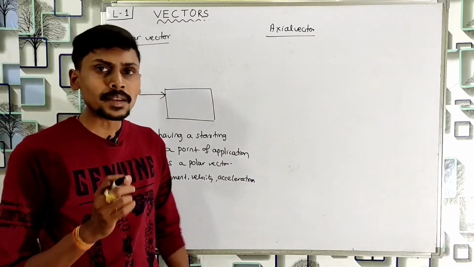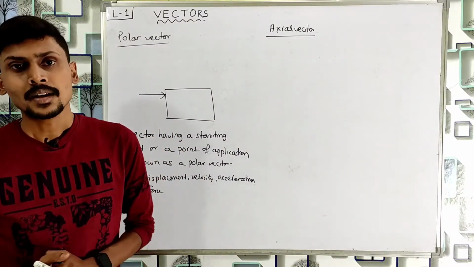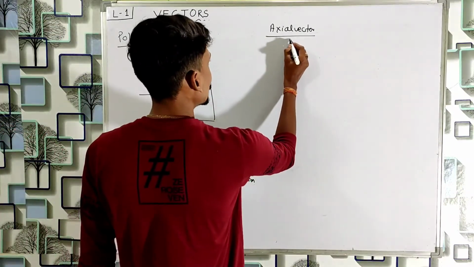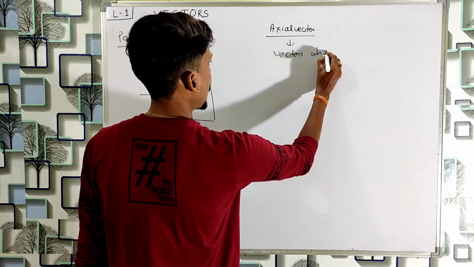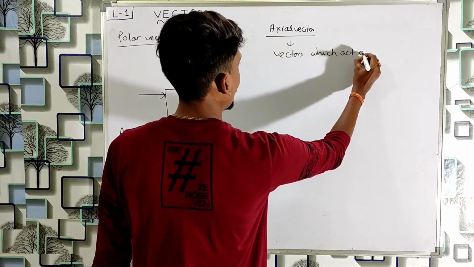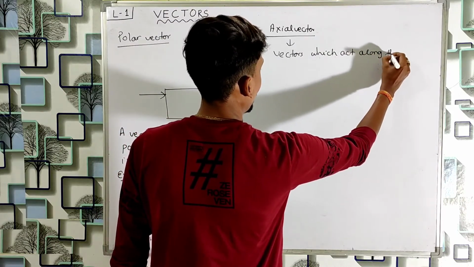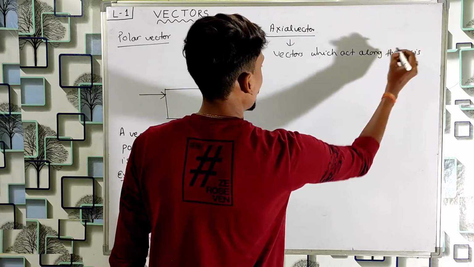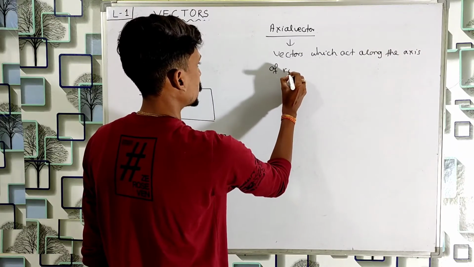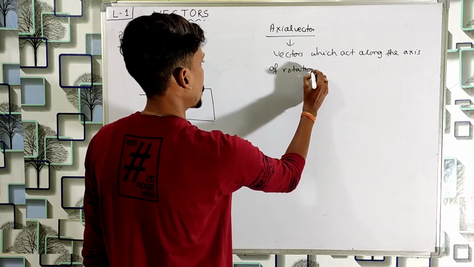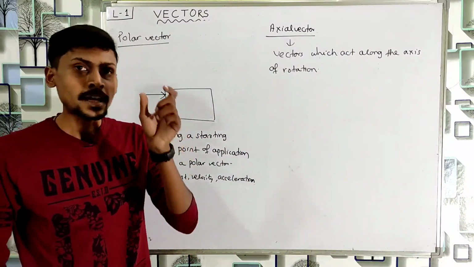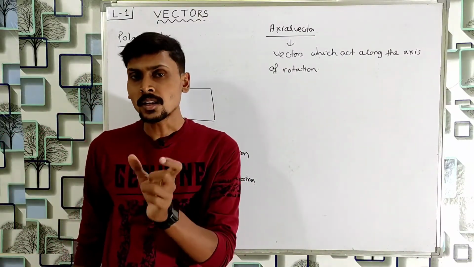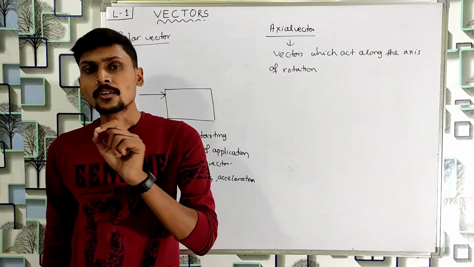But what is the meaning of axial vector? Axial vector means the vectors which act along the axis of rotation. And remember that axial vectors are associated with a turning effect, a rotational effect.